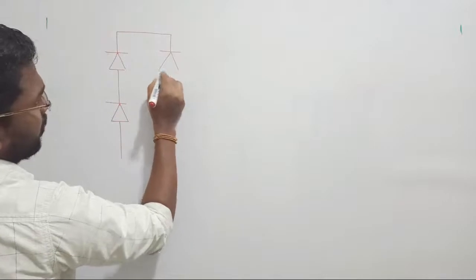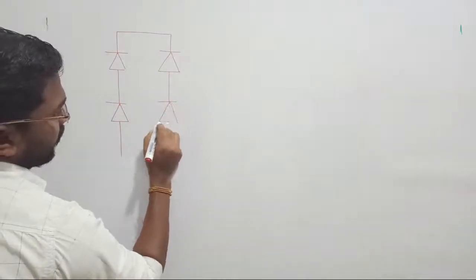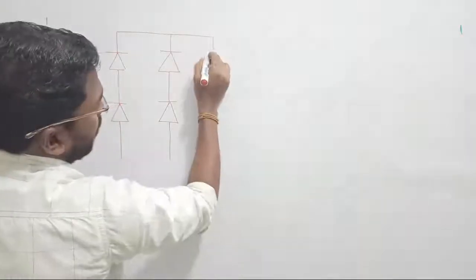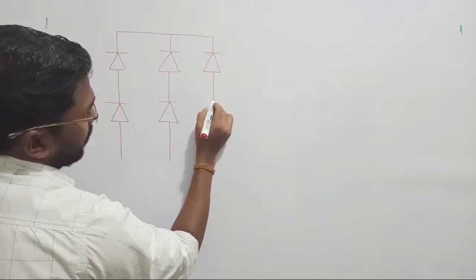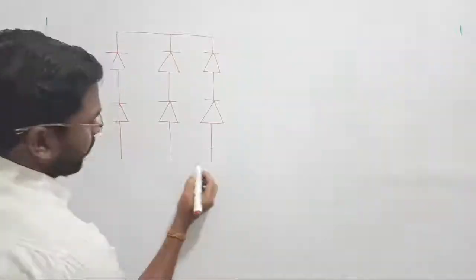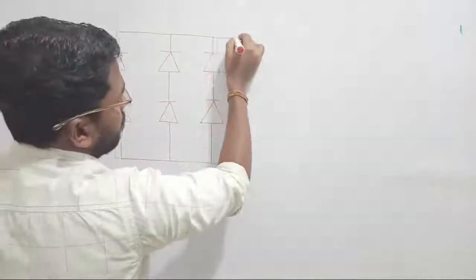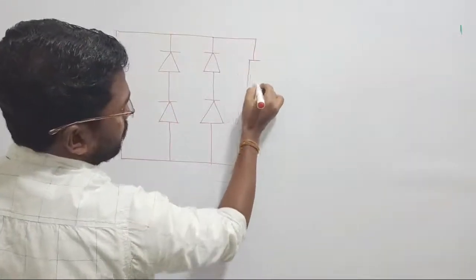We are going to generate six pulses, whereas in the three-phase half-wave controlled rectifier we had generated only three pulses. Now we can generate six pulses, such that the rectification efficiency of the system will be improved a lot. Now this is the point where we are going to connect our loads.